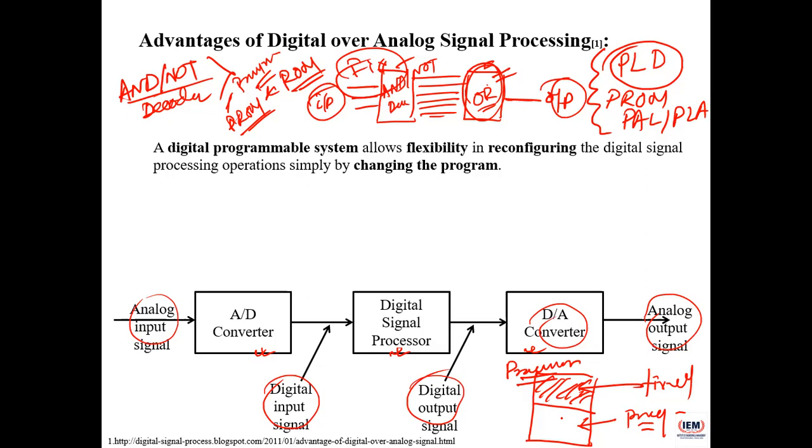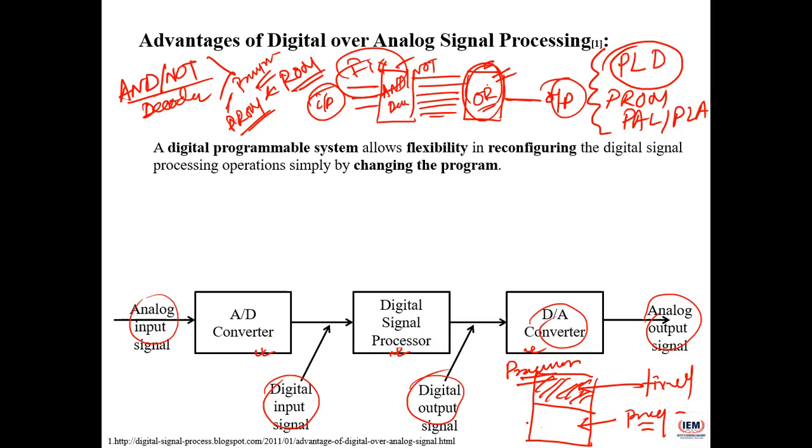That programmable part is made using a programmable logic device, isn't it? If this part is programmable, we can change the logic according to my requirement. Yes or no? Are you agreed with me?